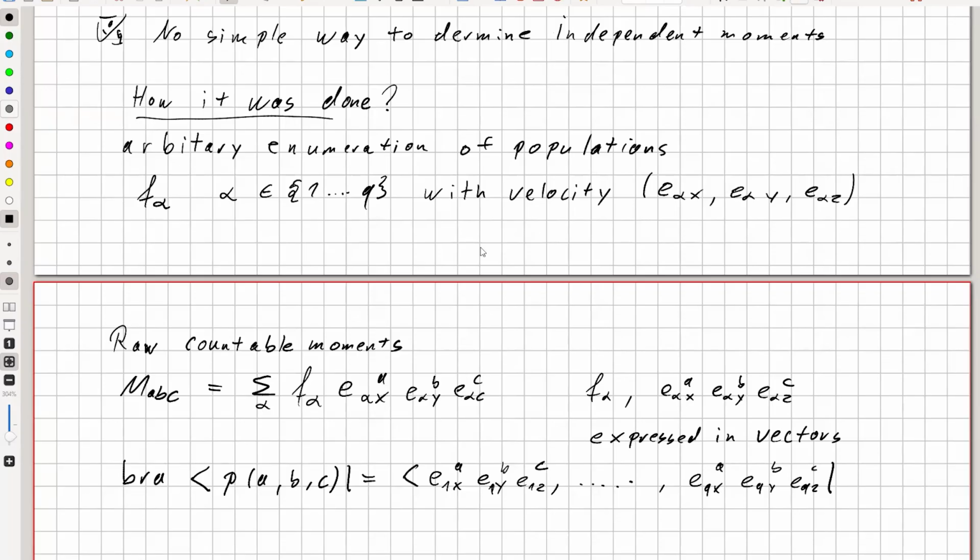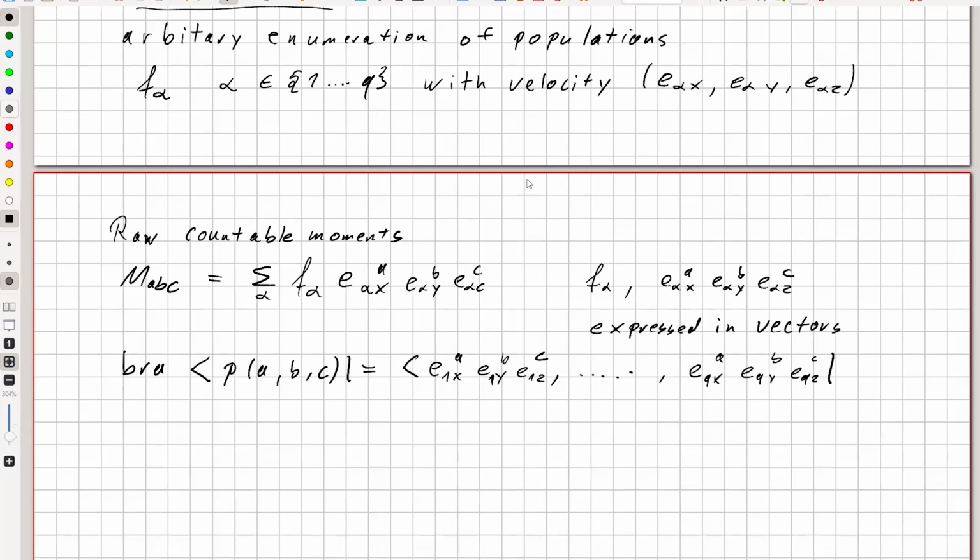So this is a row vector, and then we have a column vector that we call a ket. This is written F. Now this is a ket, and in this ket we have F_1 until F_q. And now you can compute moments.